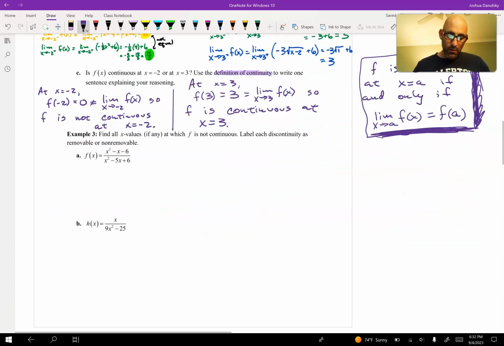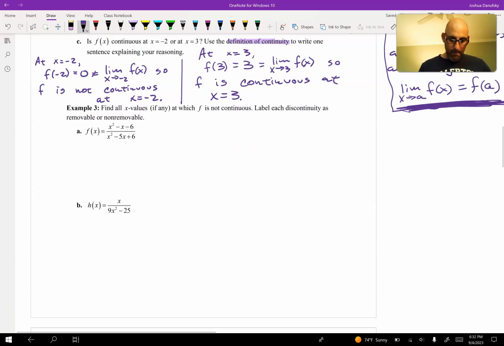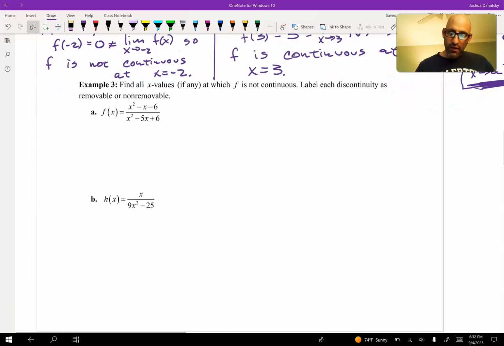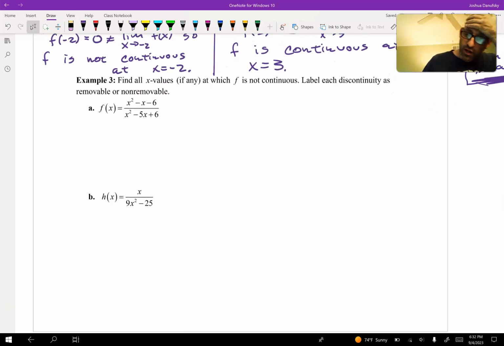All right, going on to example 3. Find all x values, if any, at which f is not continuous. Label each discontinuity as removable or non-removable. Okay, so looking at our first function, let's go ahead and factor, because discontinuities are going to happen where the denominator equals 0. So on top we have x minus 3, x plus 2.